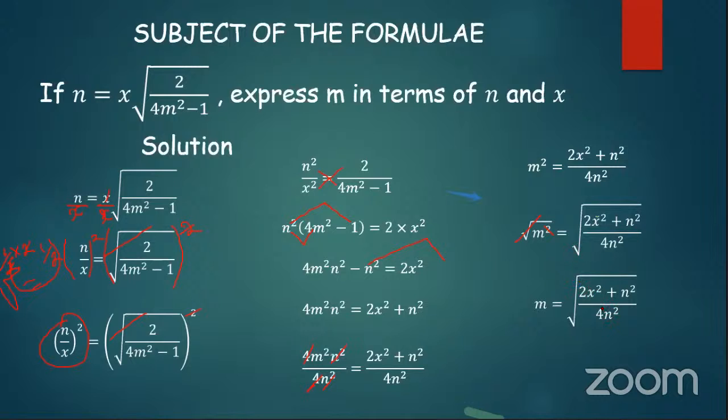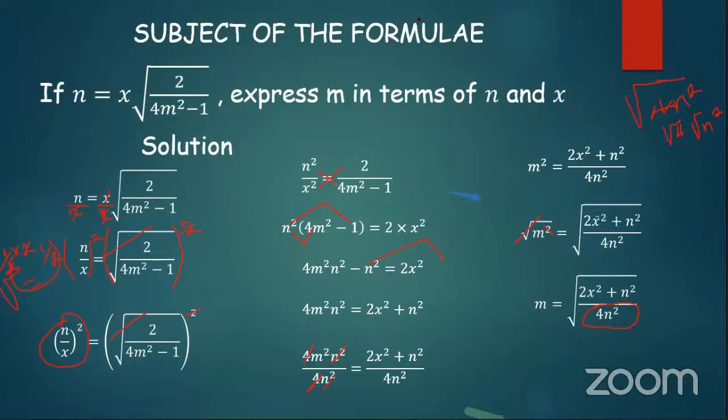Okay. But we can reduce it further because root of 4n squared has an answer as well. So this would be root of 4 and root of n squared. What is the root of 4? 2.